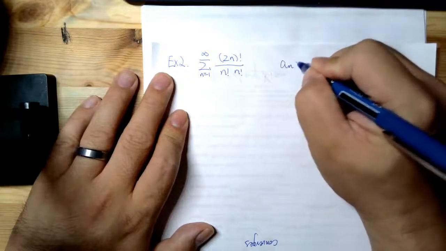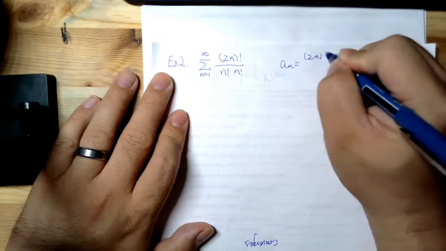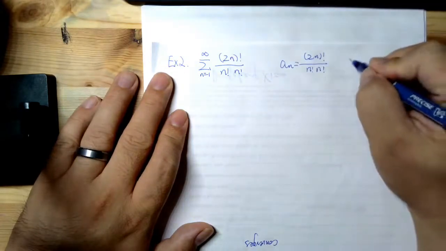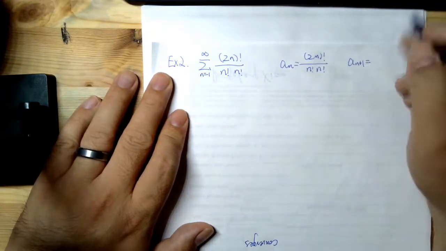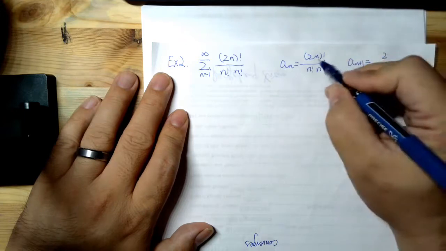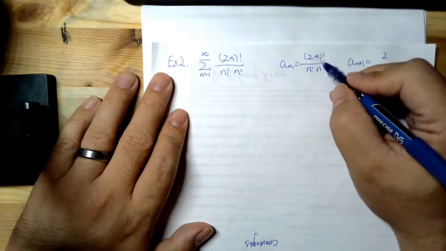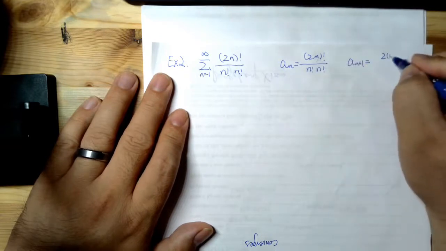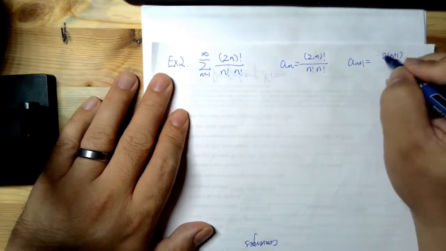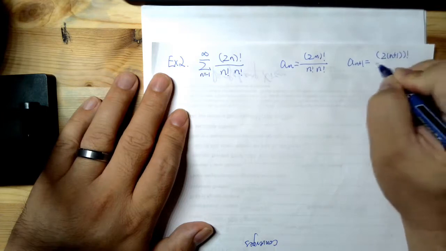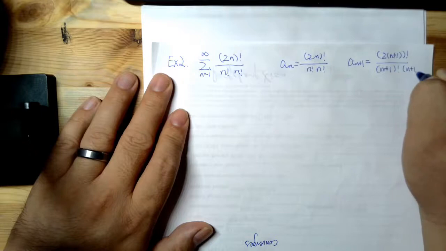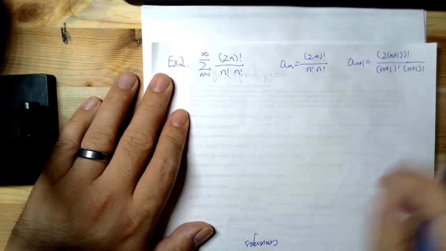And our an, let's just copy and paste. Right? And our an plus 1, to be very careful, we're going to replace n with n plus 1, but I have a 2 in front, so it's going to be (2 times (n plus 1)) factorial over (n plus 1) factorial times (n plus 1) factorial.